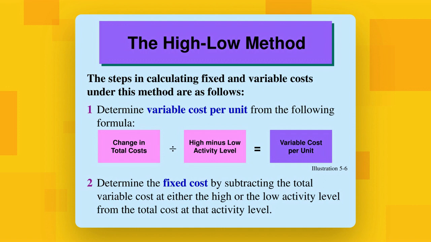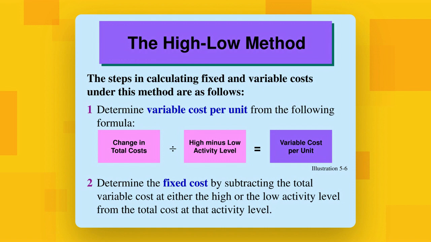Number 1. Determine first what would be the variable cost per unit from the following formula. The formula here is change in total cost divided by high minus low activity level, and that's your variable cost per unit.